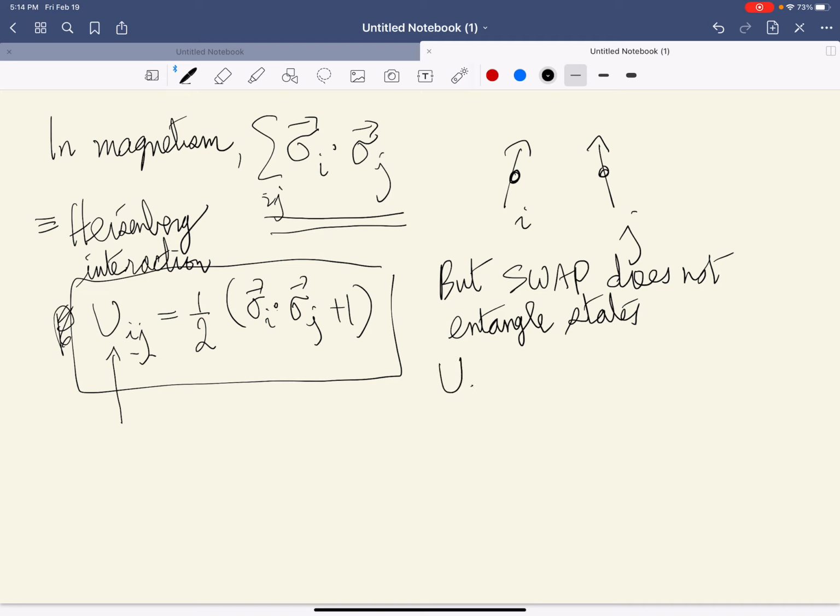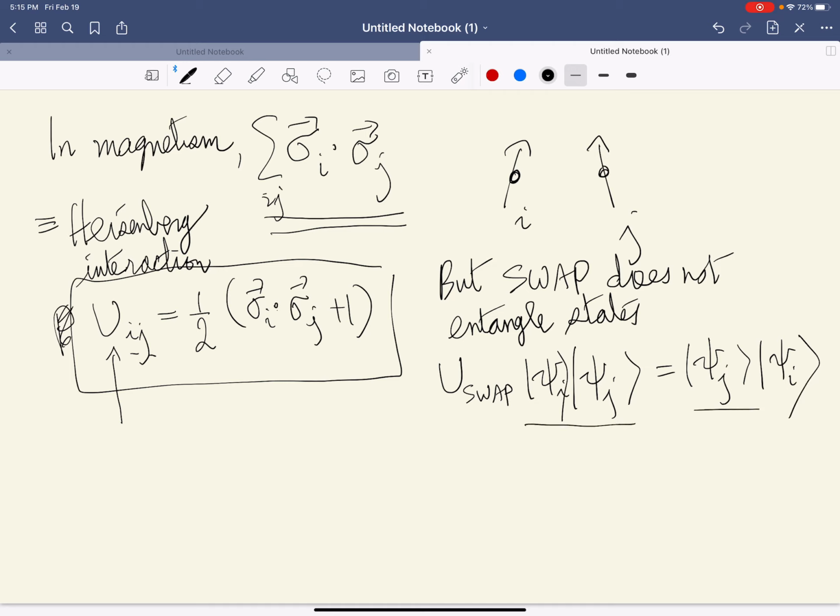I mean, that's kind of obvious from the definition. That is, if you have some sort of a state at site i and a state at site j, then all that the swap operation does is simply interchange the contents of the states. But still, a product state remains a product state after the swap operation.